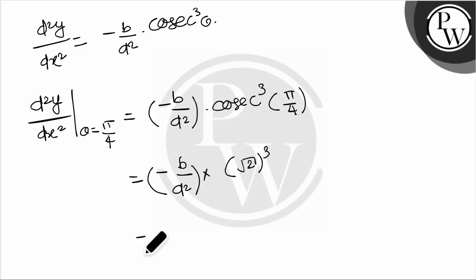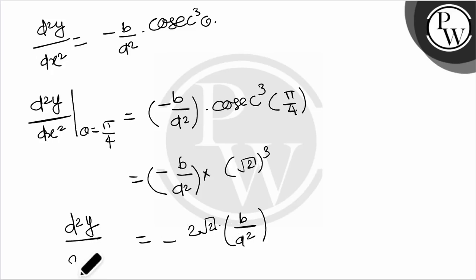So your final answer will be, guys, what will be your final answer? Minus 2 root 2 into b upon a square. So guys, this will be your final answer, that is d2y by dx square at theta equal to pi by 4.